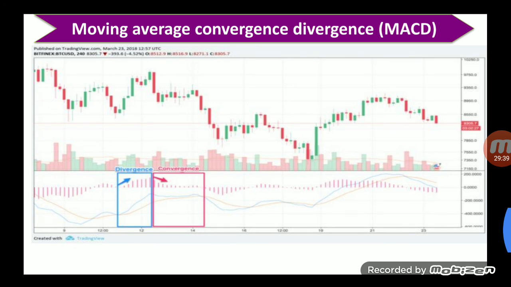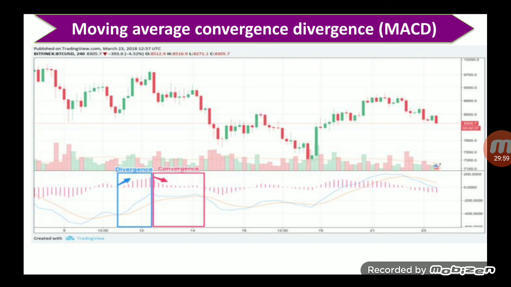Here you can see the convergence and divergence. When these two lines come together, it is called convergence, and when the distance between the two lines increases, it is called divergence.